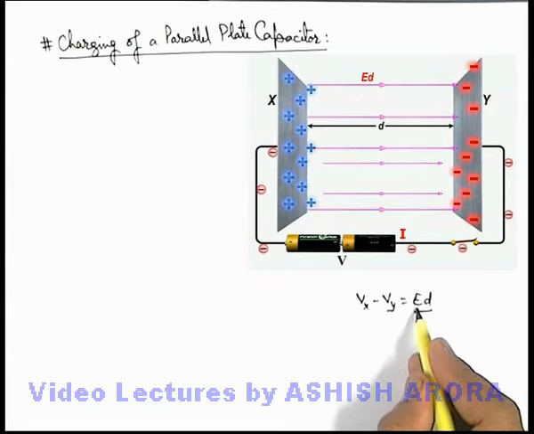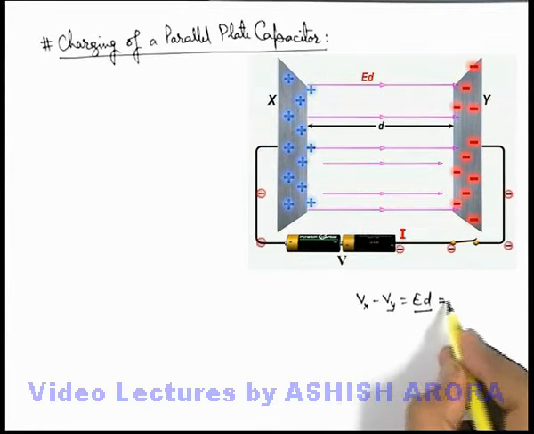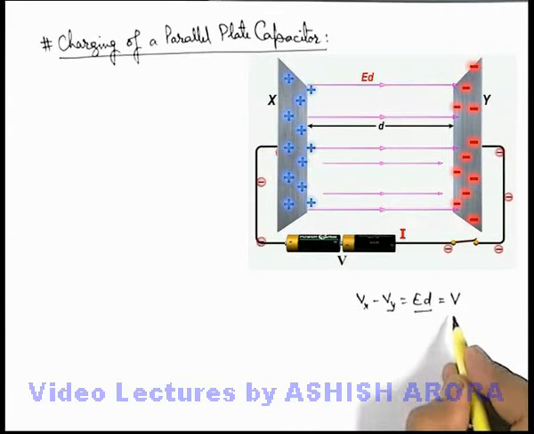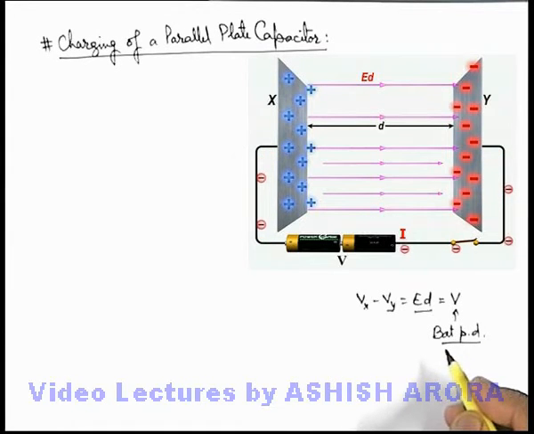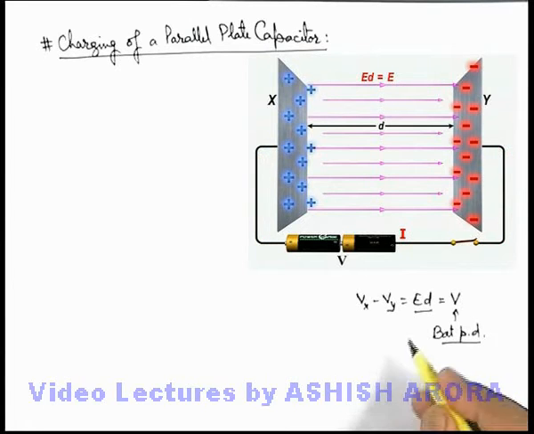And as E is increasing, the potential difference is increasing, and as soon as this becomes equal to the battery potential difference, further flow of charges will stop. As soon as the potential difference across the capacitor and that of the battery becomes equal, no further charge flow will take place and the current in the circuit becomes 0.